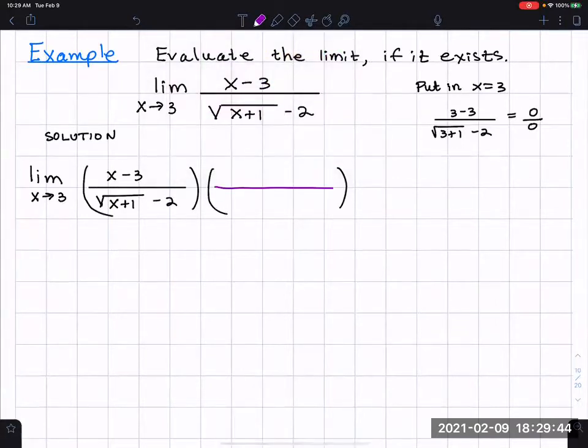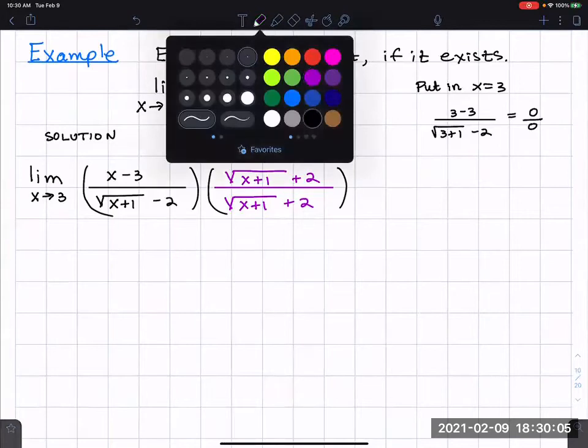When I do that, it's like I'm multiplying by 1. The conjugate of radical x plus 1 minus 2 is radical x plus 1 plus 2. So the first is minus 2, and the second is plus 2, and I do the same for the numerator and the denominator.